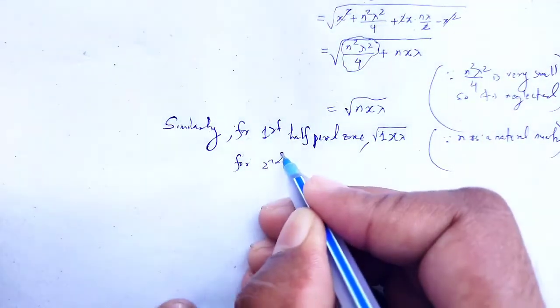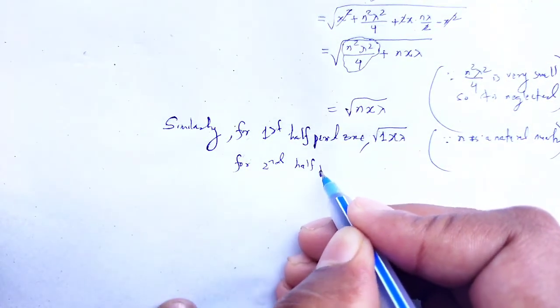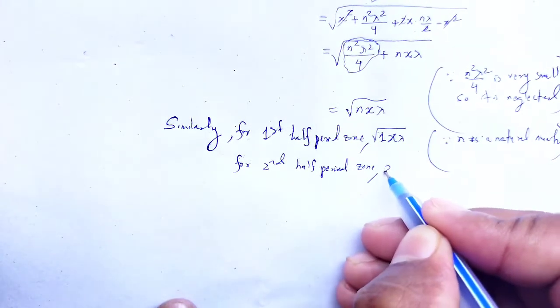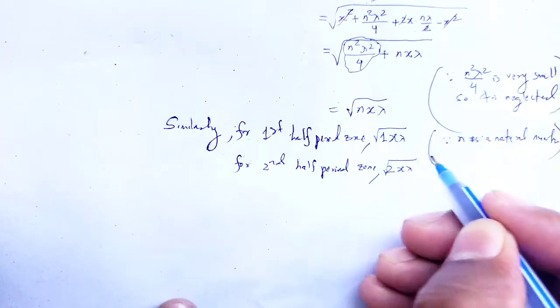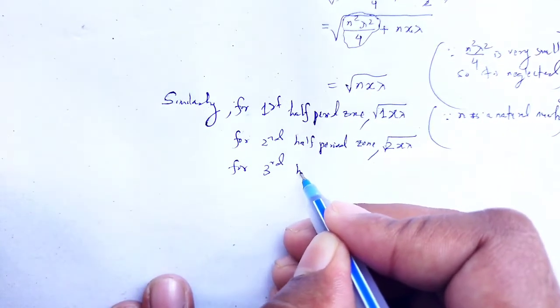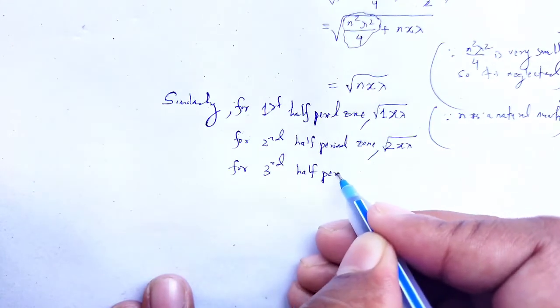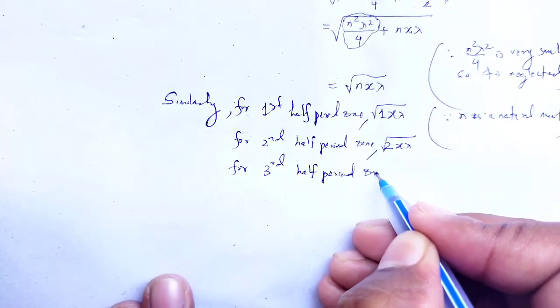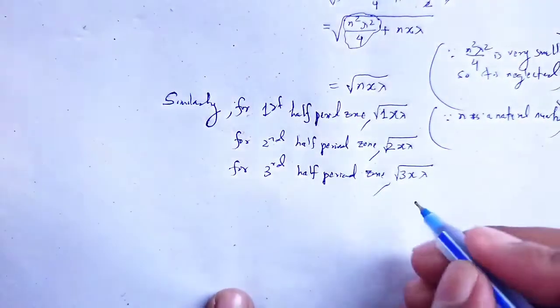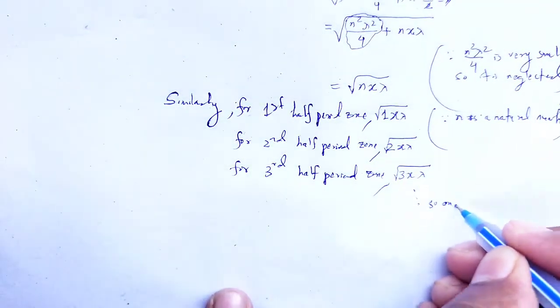For second half period zone, the radius will be 2 x lambda under root. For third half period zone, the value will be 3 x lambda under root, and so on.